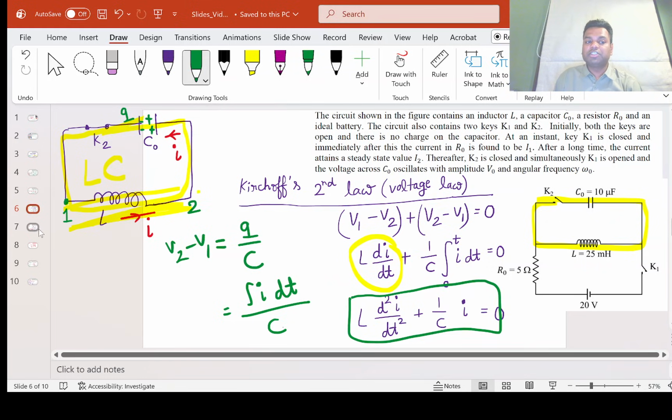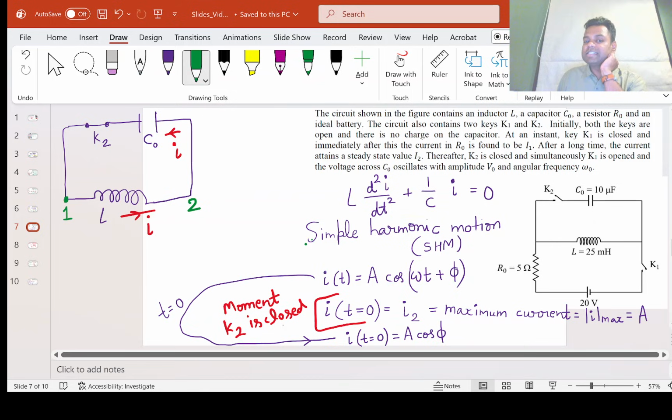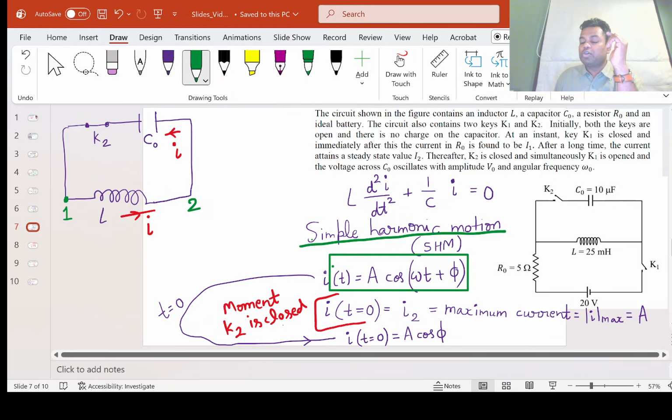Now let us look at this equation. This is a simple harmonic motion, right? The second derivative of I and then I itself, so that is SHM, and the solution of that will be a harmonic function. So here's the thing, we do not need to solve for this function.